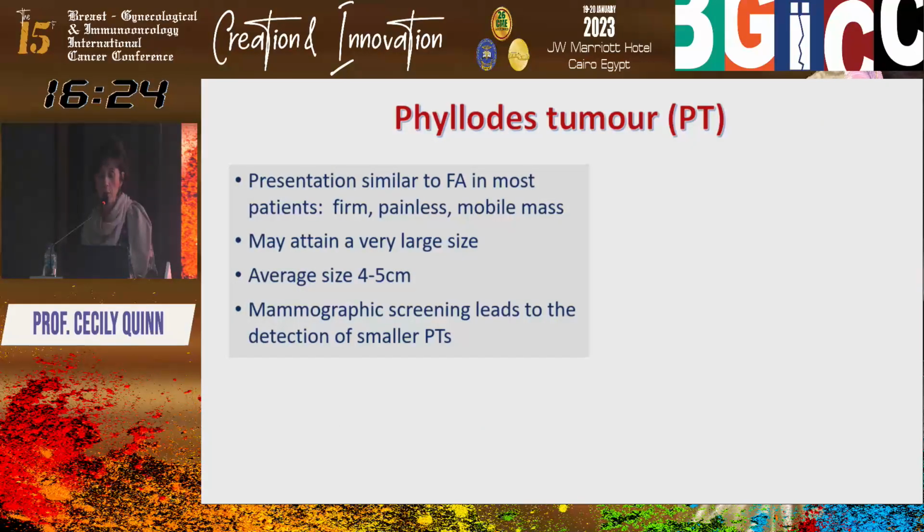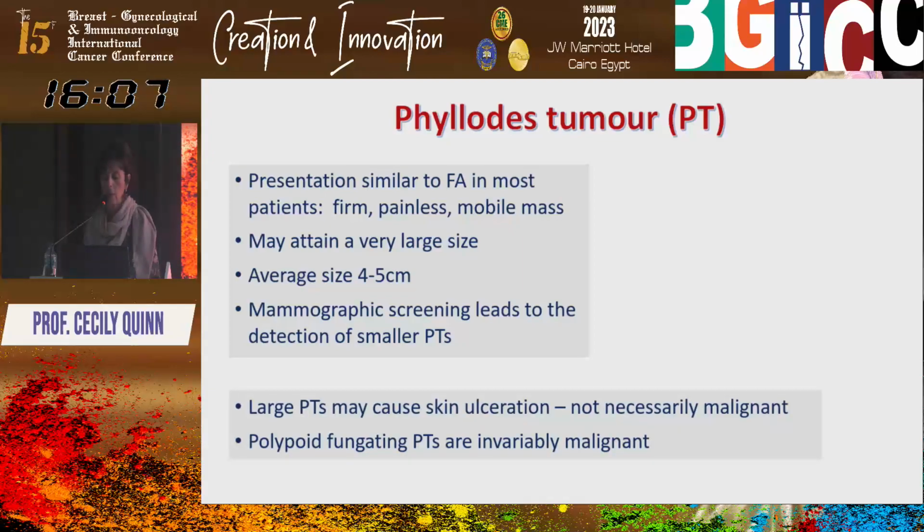In terms of presentation, it's similar to most fibroadenomas, usually a firm, painless, mobile mass. However, as you know, these can attain a very large size. The average size is 4 to 5 centimeters. However, again, screening has led to the detection of smaller tumors. Large phyllodes tumors may cause skin ulceration, but these are not necessarily malignant.